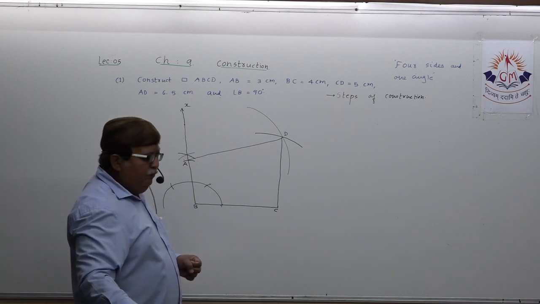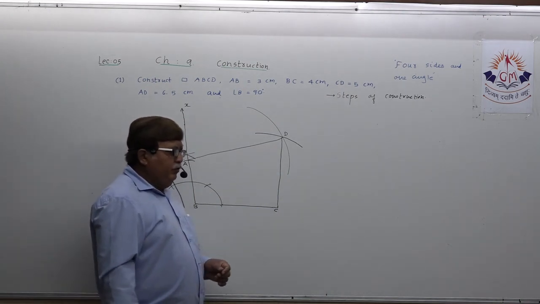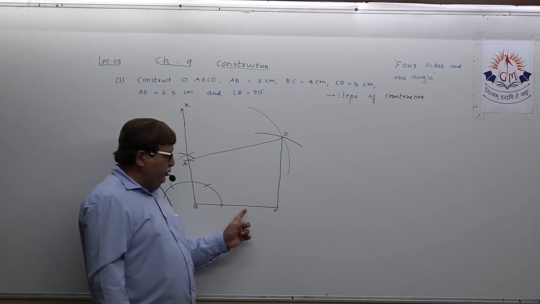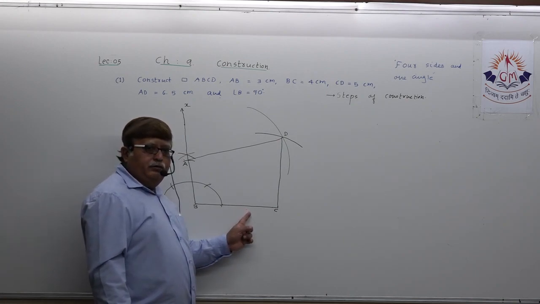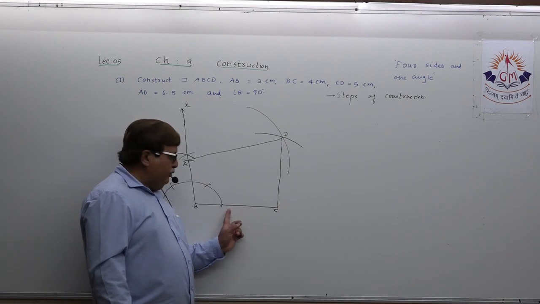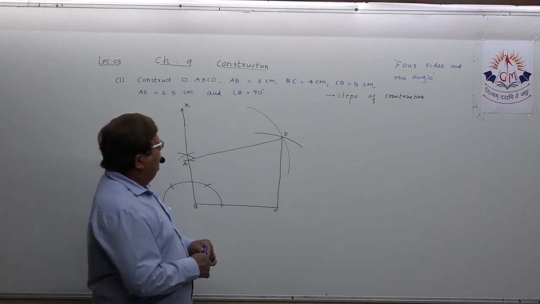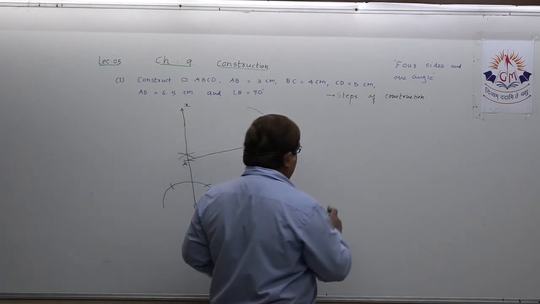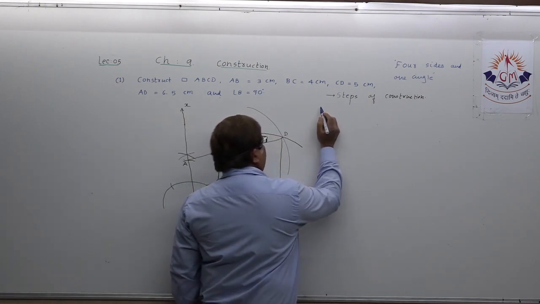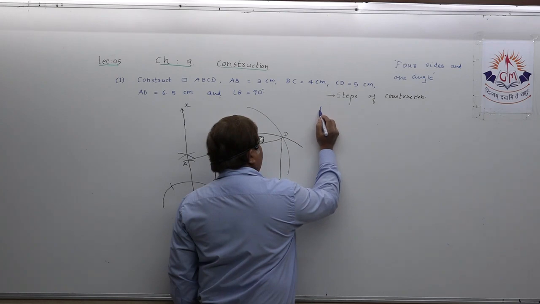Which is the first step which you have to guess with me? We have started drawing our construction by taking BC, understood, of 4 centimeter. So your first step, please note down with me.